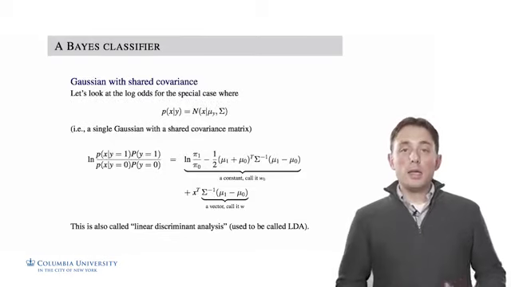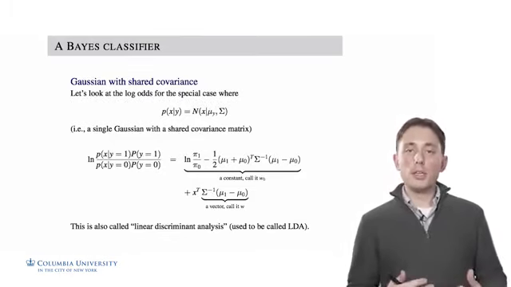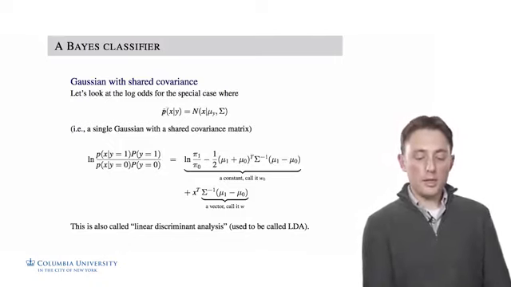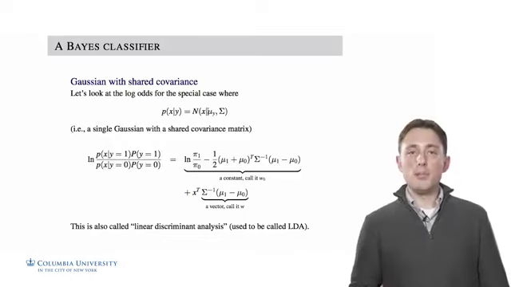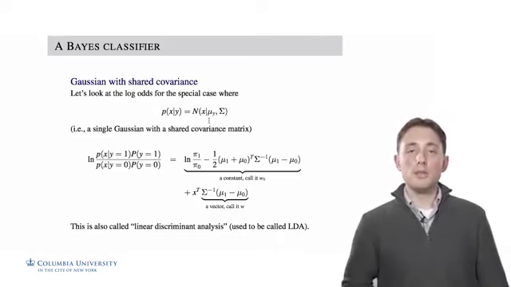So what does the log odds actually look like for a particular Bayes classifier? Let's consider a Bayes classifier where the class conditional density is a multivariate Gaussian with a class-specific mean but a shared covariance sigma. So both classes have the covariance sigma, but there's a class-specific mean.